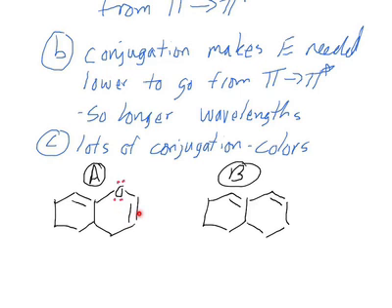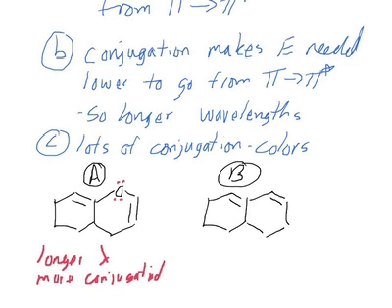A had a longer wavelength, because it's more conjugated. That's wavelength sign, more conjugated. That's like chapter 14, I think, 12, maybe 11 or 12.